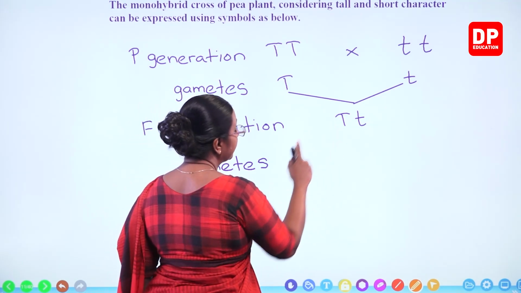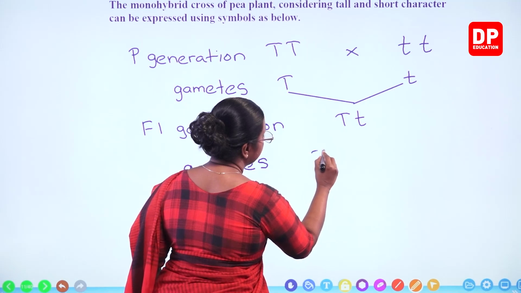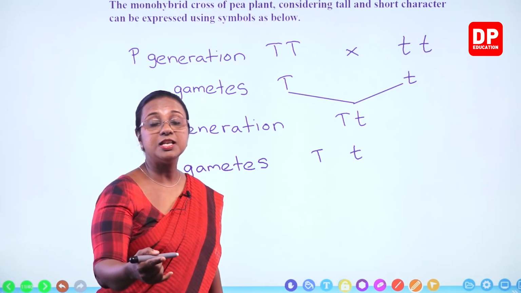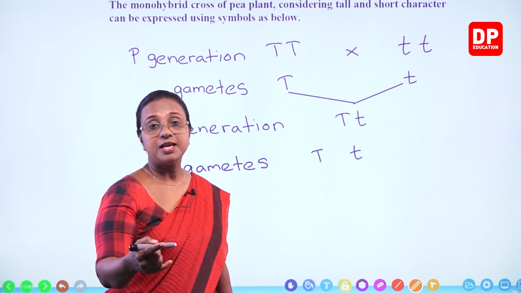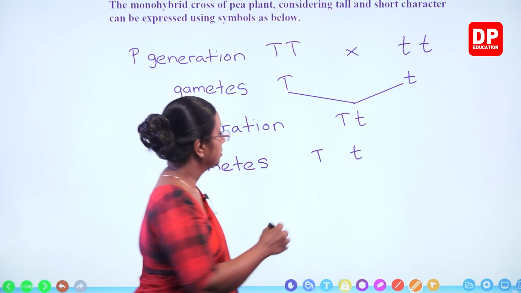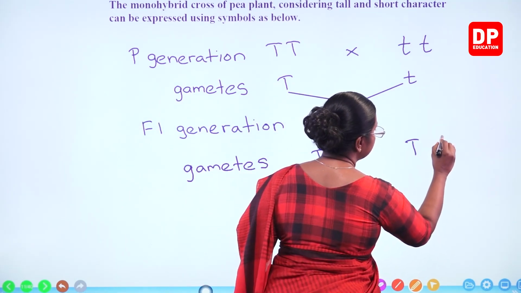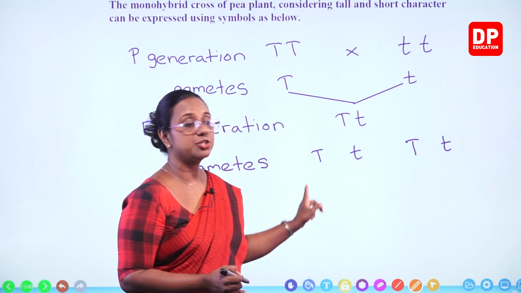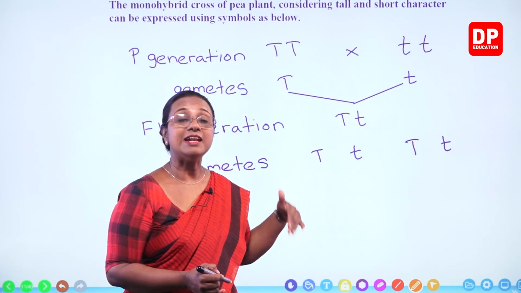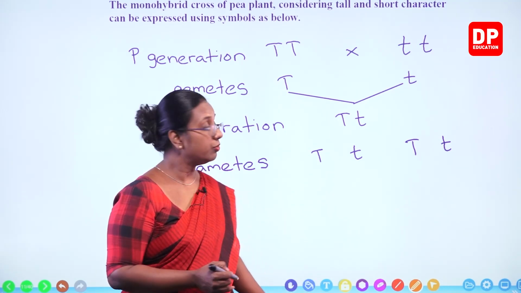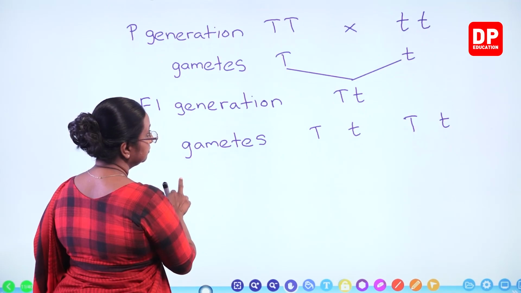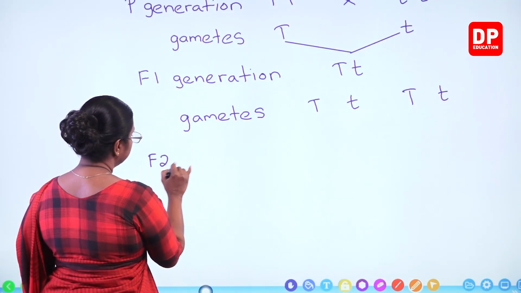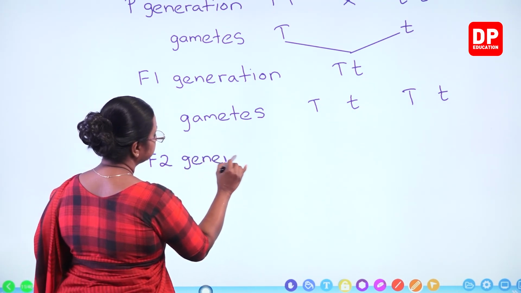So from one parent, the gametes will be capital T, simple t. Likewise, we need to have another set of factors. So there again, capital T, simple t. Then there will be a combination of these factors that will give rise to the F2 generation. We will have the F2 generation.